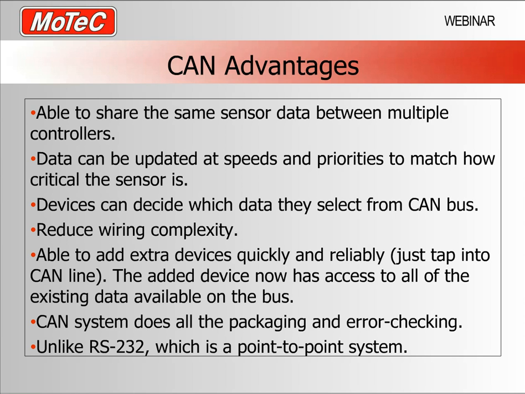You may recall PCs, perhaps not in the last 10 years, but prior to that, many PCs had multiple RS-232 ports because each individual device needed its own port. So CAN doesn't have that restriction. We can have many devices hanging across the same data line.